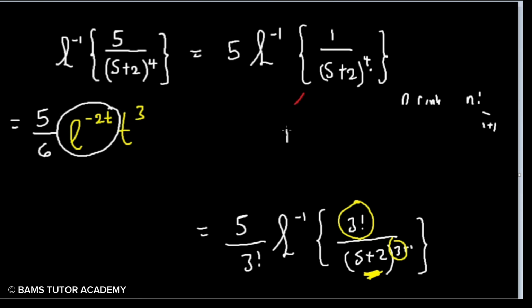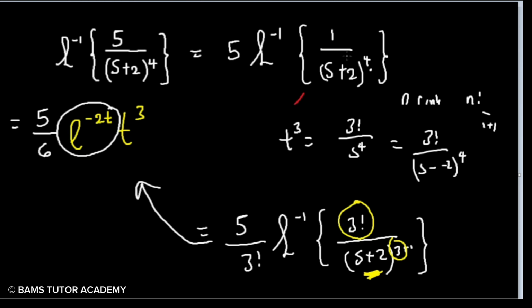Ordinarily, if you have t raised to power 3, we'll have 3 factorial over s raised to the power 4, as per 3 plus 1. But because there is an exponential, this s will now be s minus whatever we have there, which is minus 2. Do you get the point now? Then raised to the power 4. So that is why this is equal to this.